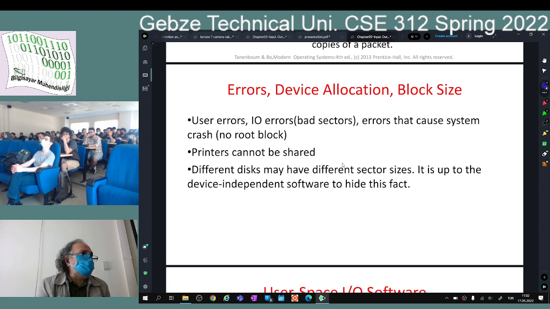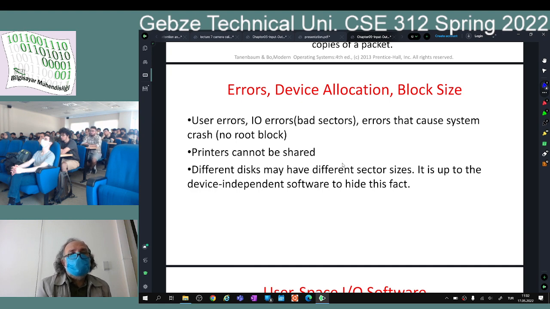Printers cannot be shared. I can't say the same thing for the hard drives or the network drives. They can be time shared, but printers cannot. So somebody has to make sure that this is not happening. There are special problems for each of them.